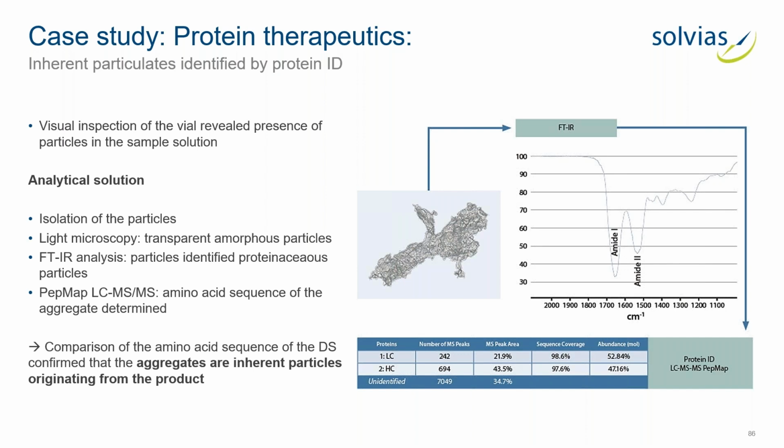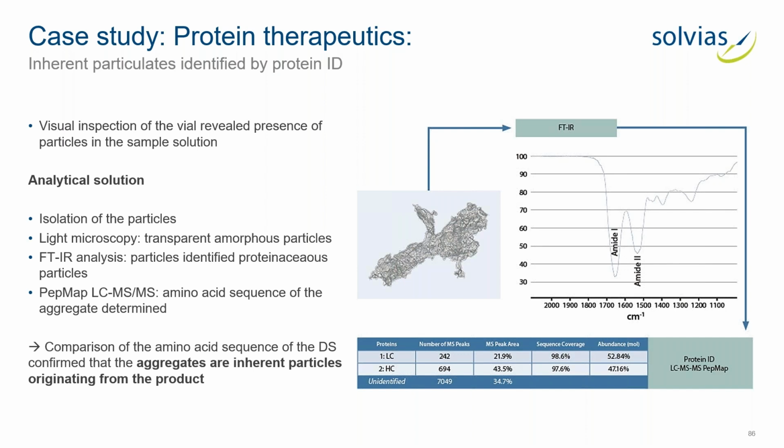The IR spectrum that's shown there is showing the typical polyamide bands, the amide 1 and amide 2, which is quite characteristic. When you compare this observation in the microscope with the IR spectrum, the most likely characterization is it's probably some protein aggregate.